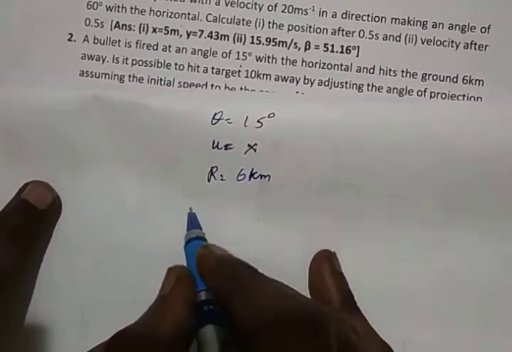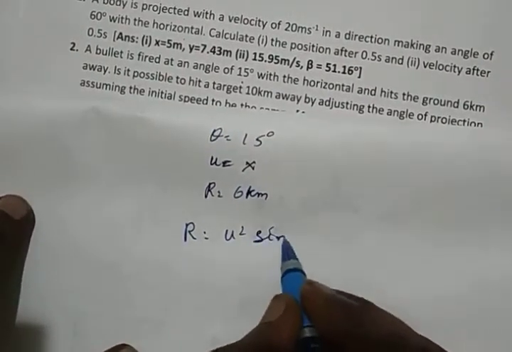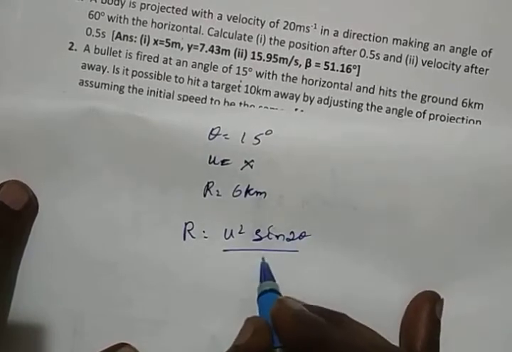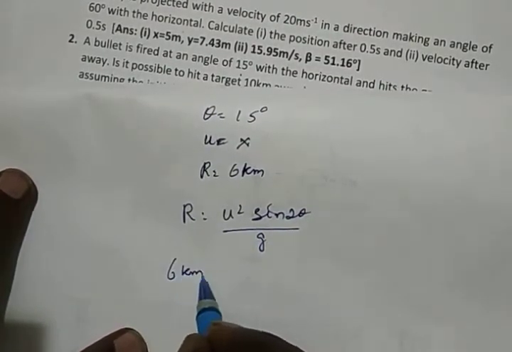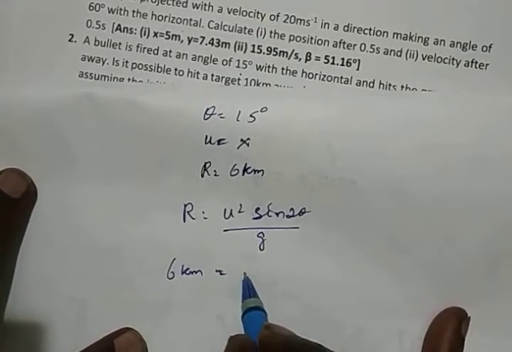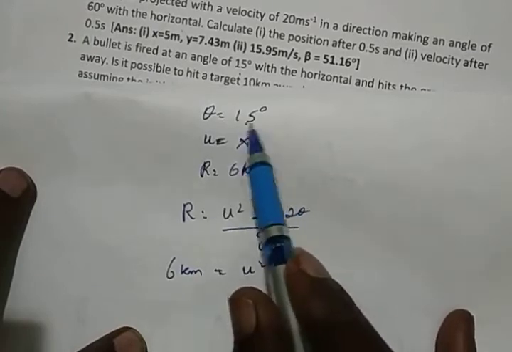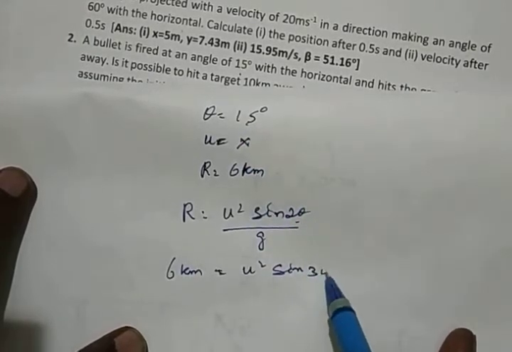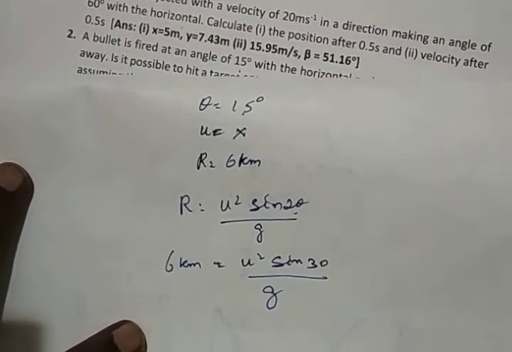So range is going to be equal to u square sine 2 theta upon g. Now it is already 6 kilometers given here, equal to u square sine 2 into 15 upon g, so 2 theta is sine 30. You can just leave it g itself.